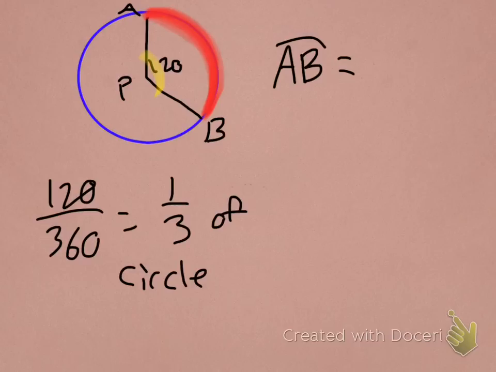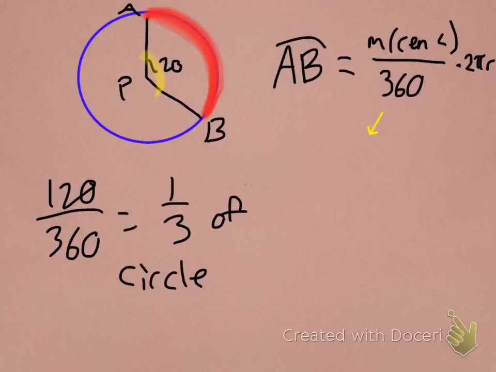So how you do this is you do the measure of the central angle over 360 times the circumference, which is 2 pi r. And again, this is the portion of the circle that we care about, and this here is no longer the area, but now it is the circumference.